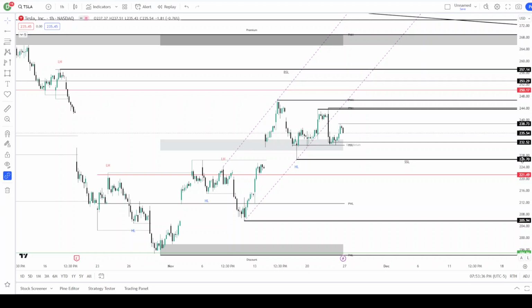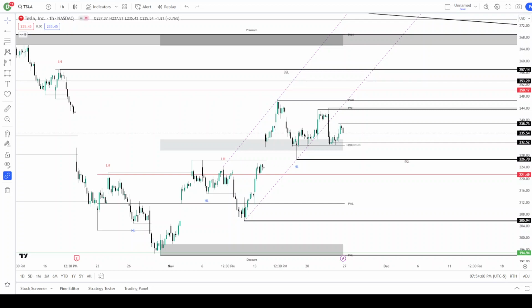So if we're using smart money concepts and we're looking at the market maker model, our 1 hour and our 15-minute chart is going to show us the move that's going to come on the lower time frame charts, if that's what you're trading.